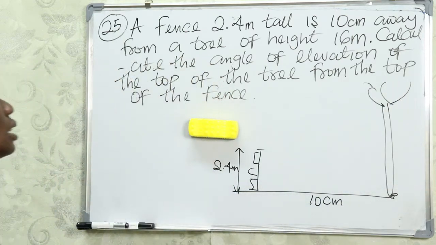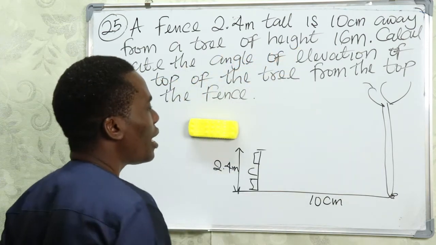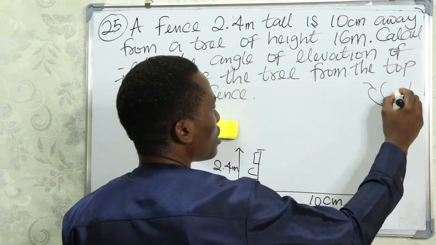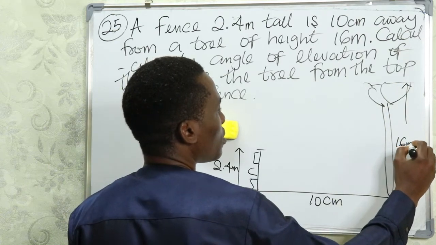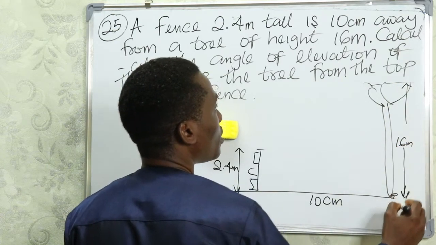Good. Now the height of the tree is 16 meter from the ground.